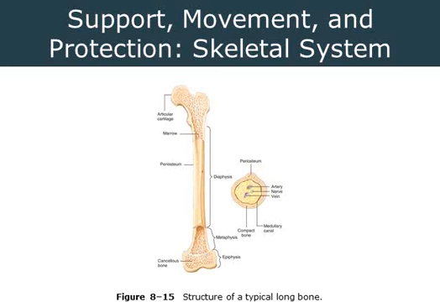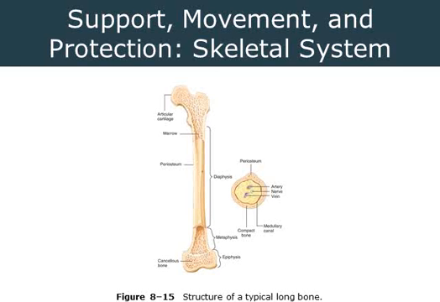We have the compact bone, which is on the inside of that layer, and that compact bone gives it the strength and the rigidity. Within that, particularly on the epiphysis and the metaphysis, we have cancellous bone, the spongy looking bone. It gives the bones some strength and structure, but it also makes them so they're not so heavy.